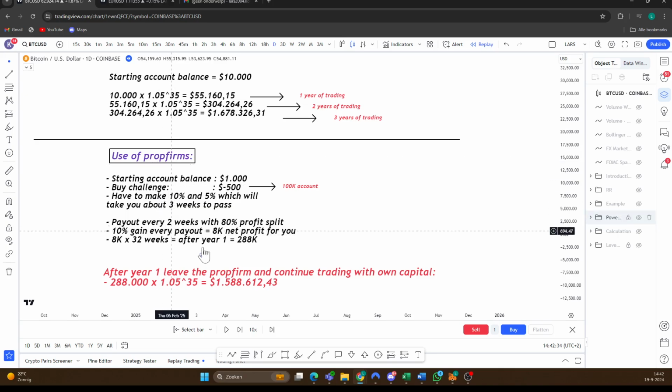But I'm showing you the possibilities that in literally 2 years, by just sticking to a 1% risk rule, between 1 to 3% depending on the quality of the setup, by making only 5% a week, you can literally become a multimillionaire in 2 years. So just listen to me and promise me that you'll apply good risk management.